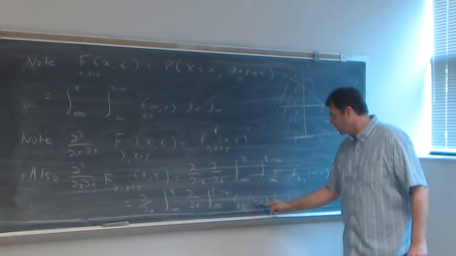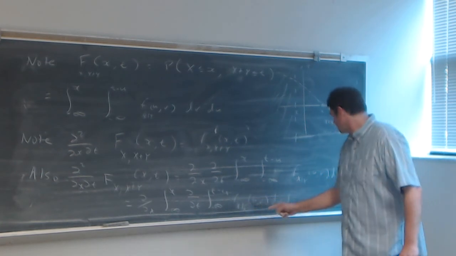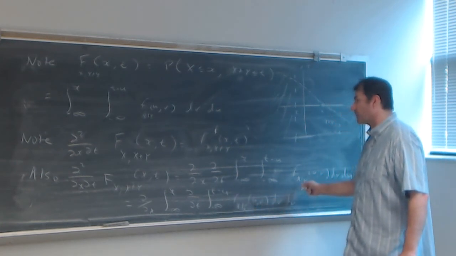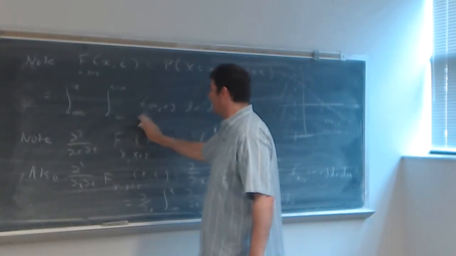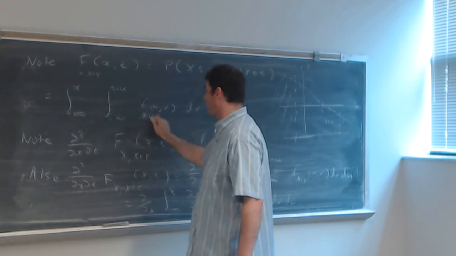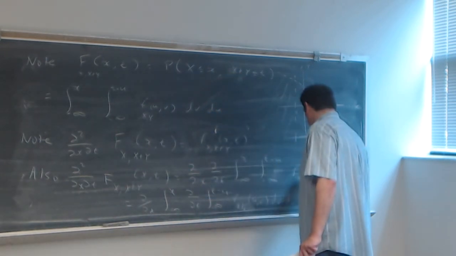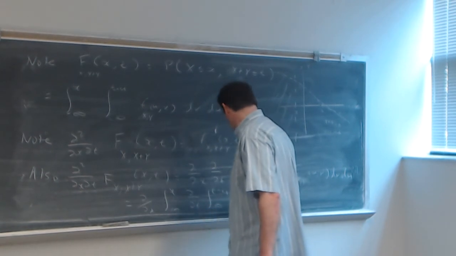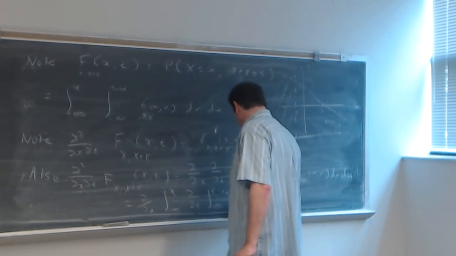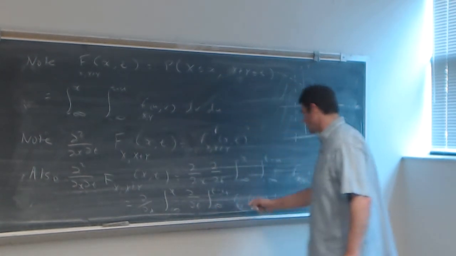And so here, this shouldn't be f of x given y. I made a mistake. This is f of x comma y.